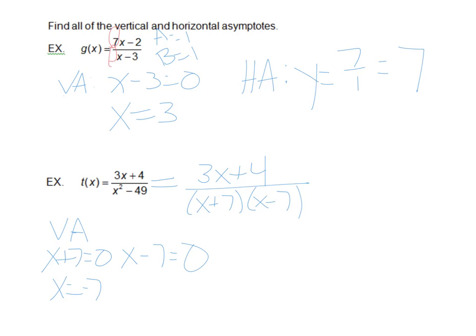X is negative 7, x is positive 7. We have two vertical asymptotes. To do the horizontal, go back to the unfactored form so that you get the degrees correct. The degree of the top would be 1, the degree of the bottom would be 2. A is less than B, so when that happens, the horizontal asymptote is y equals 0.